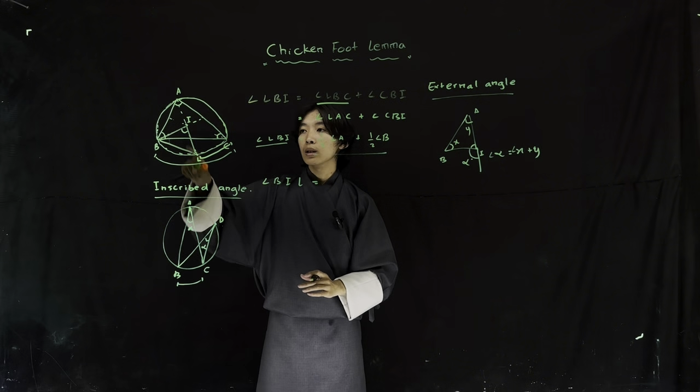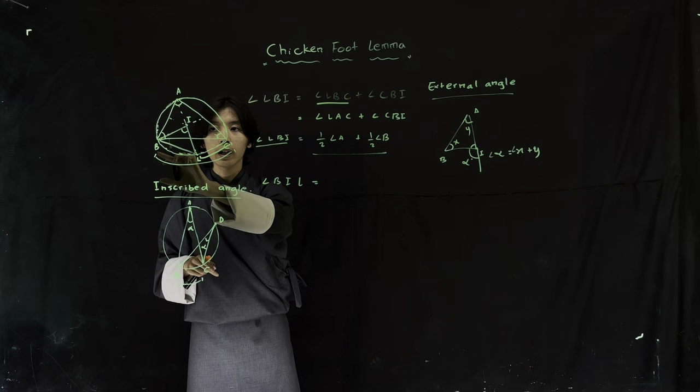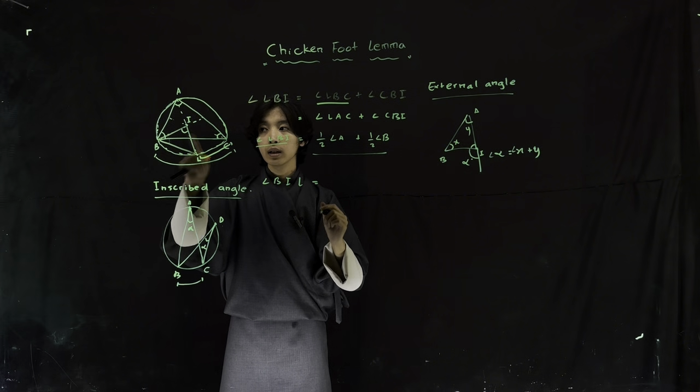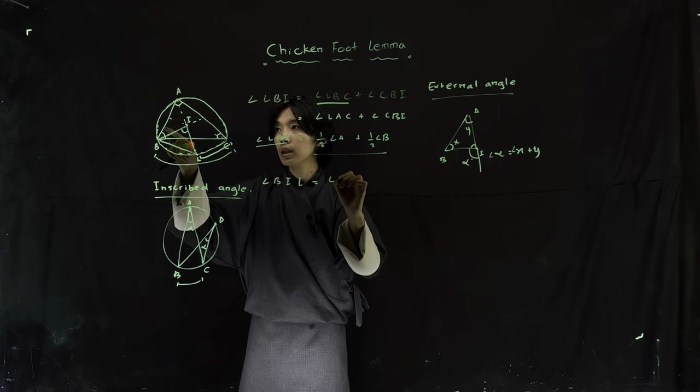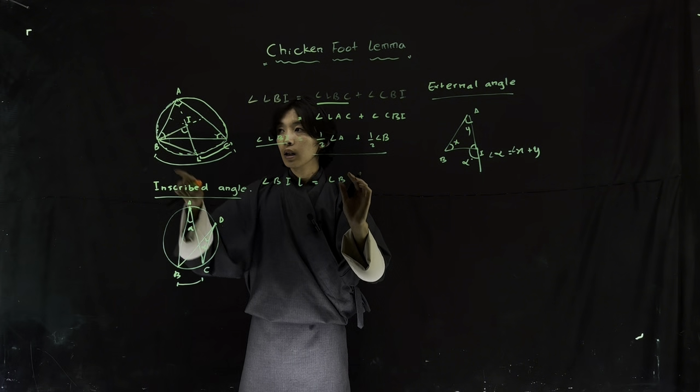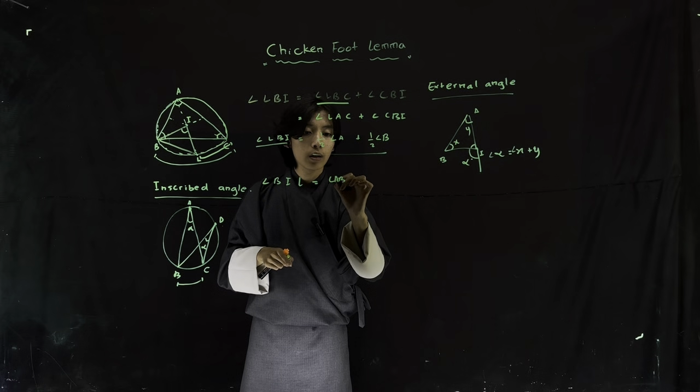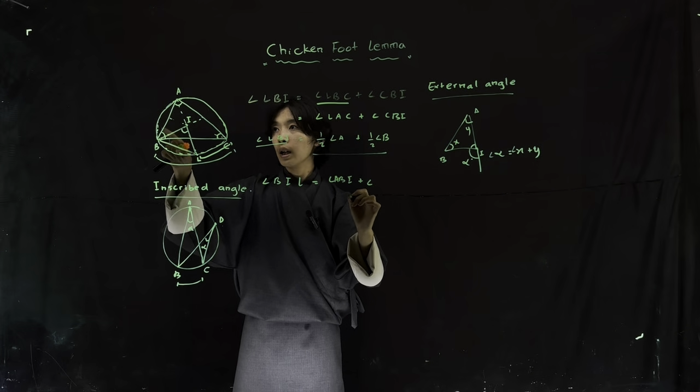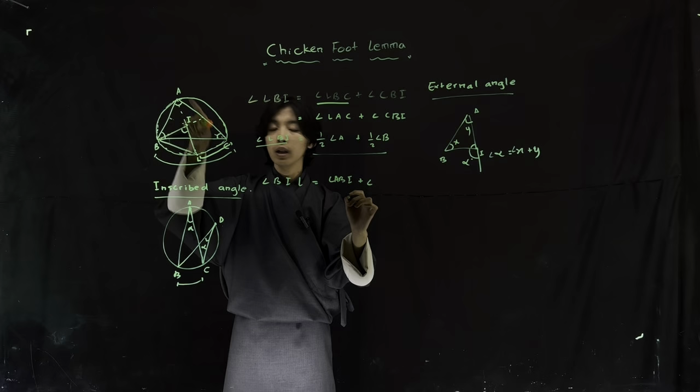Similarly, the angle BIL is the sum of angle ABI and angle BAI.